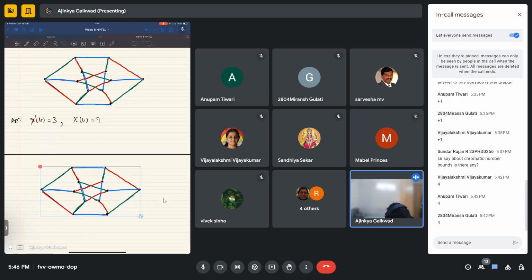Here is the graph, the same graph I'm giving you, and my question is, what is the chromatic number?